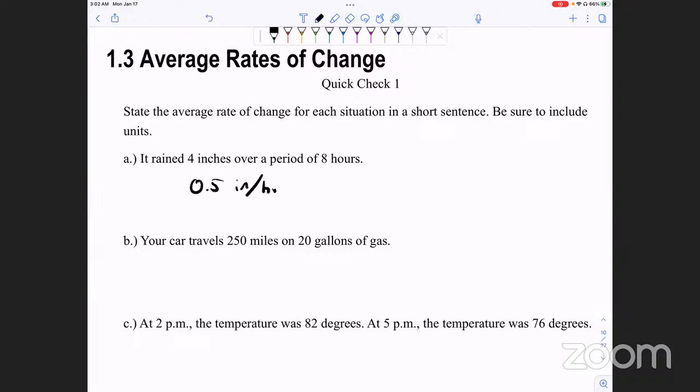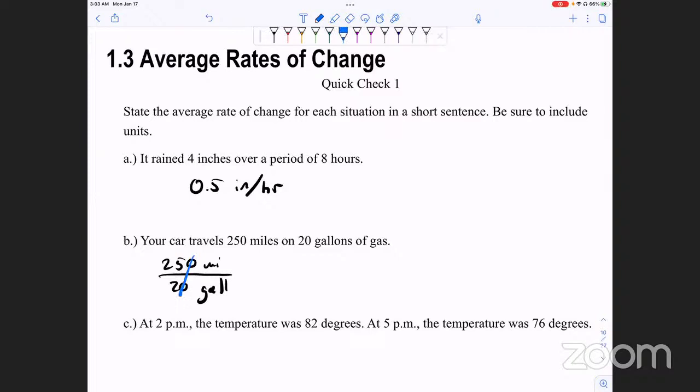Inches per hour. Miles per gallon, right? How many miles do we get to every gallon? Your car travels 250 miles on 20 gallons. So then we can do 250 over 20. We can lose that trailing zero.